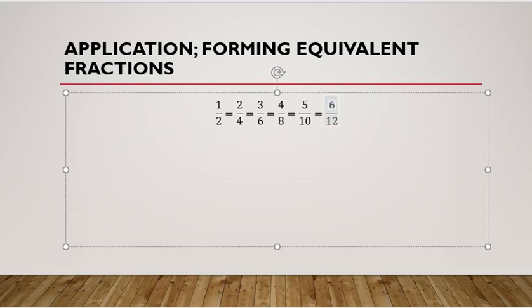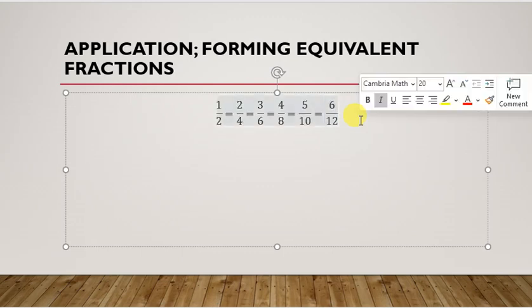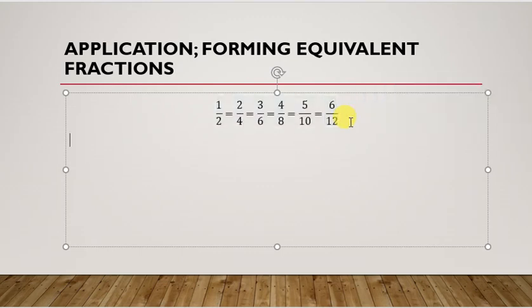That notwithstanding, let's try to pick 2 out of 4 and find an equivalent form of this fraction. So 2 out of 4. Using the same addition approach, we can say that should we add 2 to 2, we will get 4. 4 to 4, we get 8.